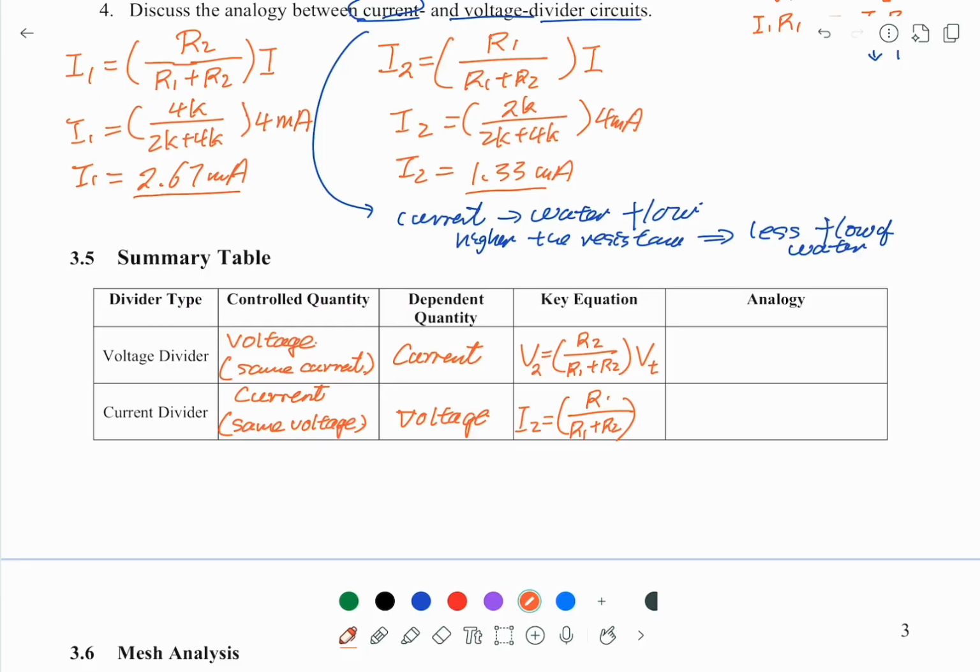This is R1 times I total. So the analogy we can use is like a pressure drop in series pipes. And here we can analogize this one with the flow of water speed in parallel pipes.